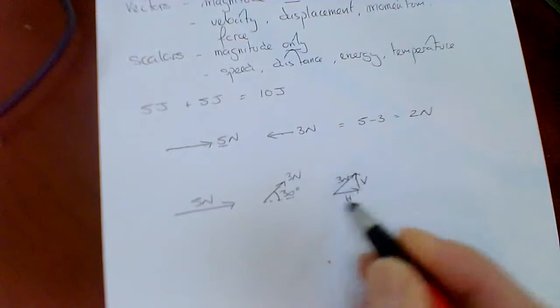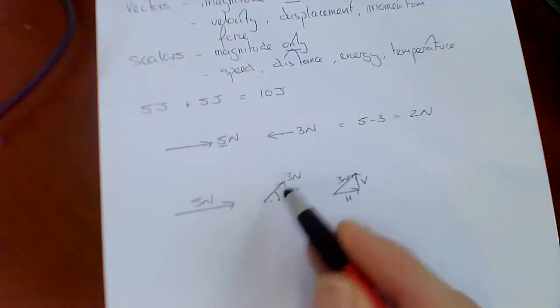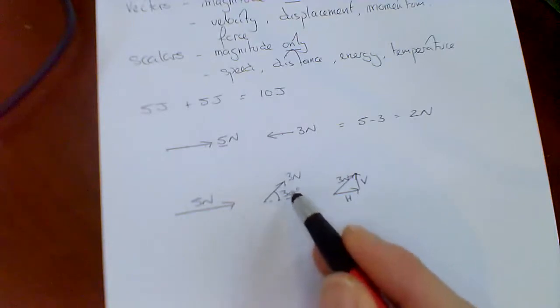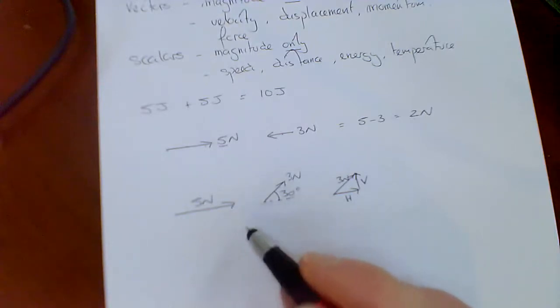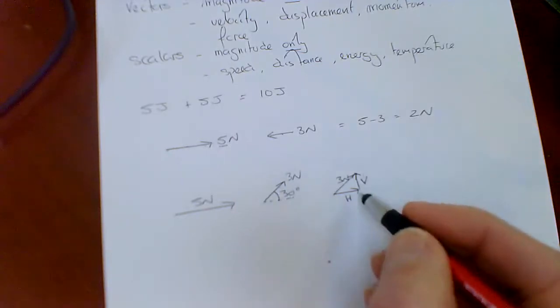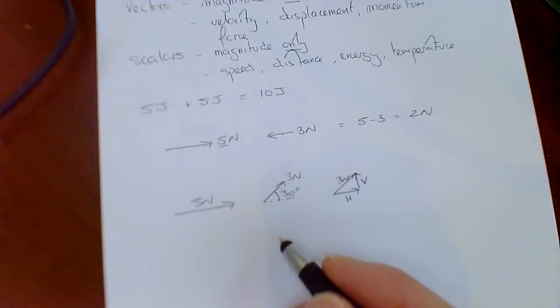So we have to consider that when we put these two together, some of this is going to make the 5 bigger and some of it is going to provide a vertical bit the 5 doesn't have right now. So there are 2 ways of doing this. We can do it by calculation or we can do it by scale drawing. And at GCSE, we do it by scale drawing.